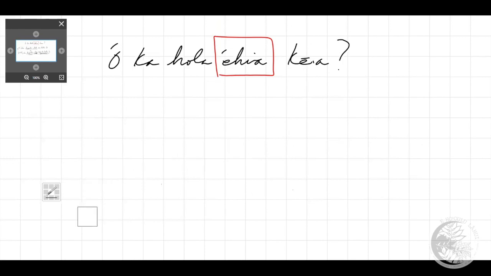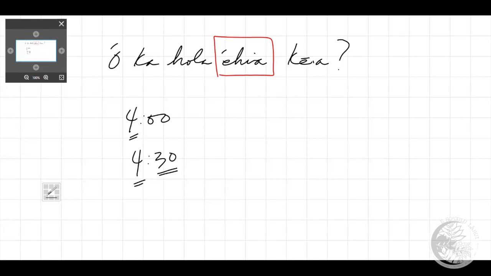So if I wanted to tell the time, for example, that it's 4 o'clock, o ka Hola ʻeha keia. O ka Hola ʻeha keia, o ka hapalua Hola ʻeha, or o ka hapalua I hala ka Hola ʻeha.